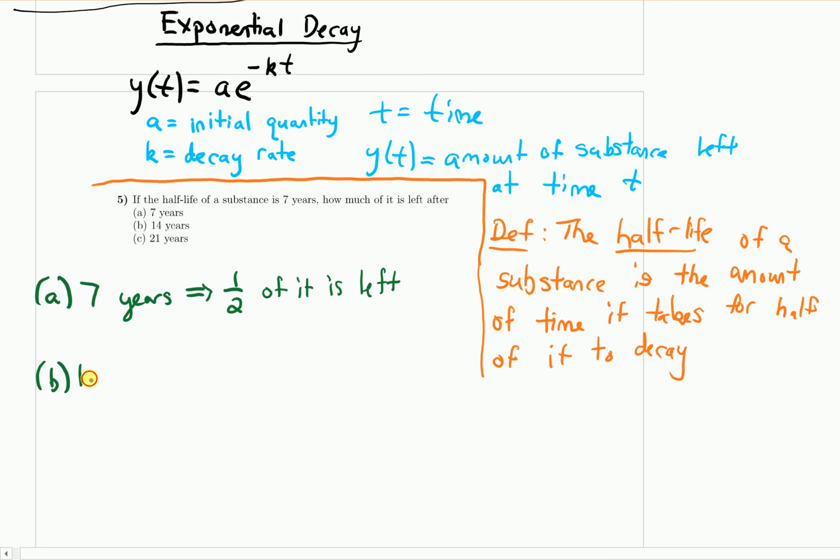After the first 7, 1/2 of it was left. After another 7 years, so after 14 total, now 1/2 of the 1/2 is left. I'll write that as 1/2 of half, which is 1/4 of it.